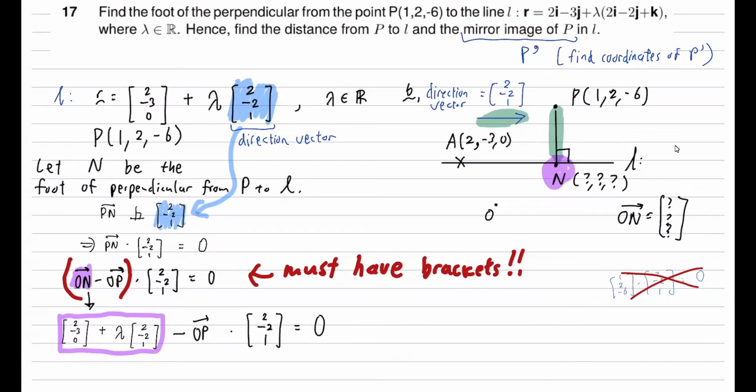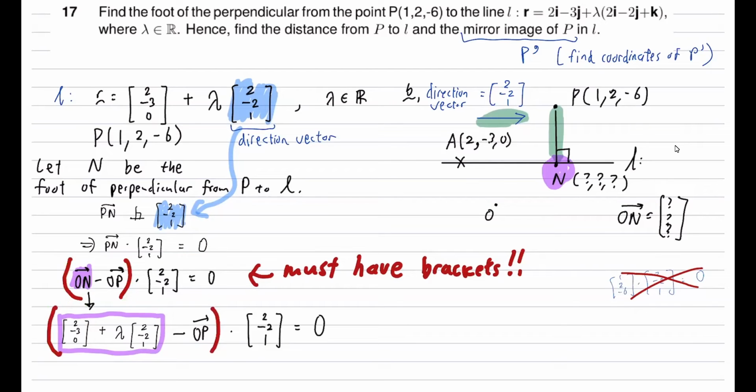What did I miss out on? I made a mistake. What's missing? The bracket again. Yes, you missed the bracket again. Must have bracket. You cannot suddenly have bracket and drop the bracket again. Just doing substitution doesn't mean the bracket will disappear. Understand?